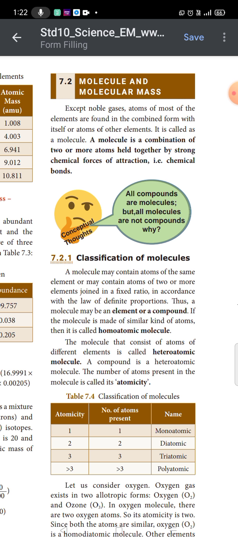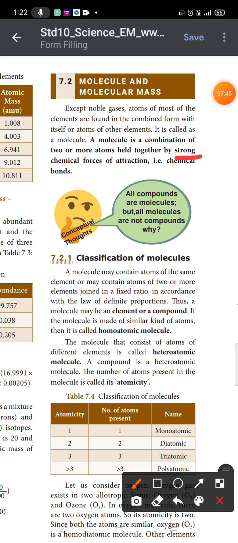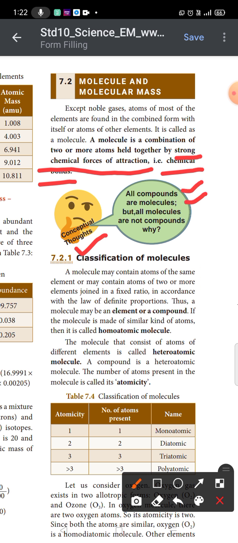Let's see the example. Here, the strong chemical force of attraction is a chemical bond. Here, think all compounds are molecules, but all molecules are not compounds. Why? Compound means one element plus another element.